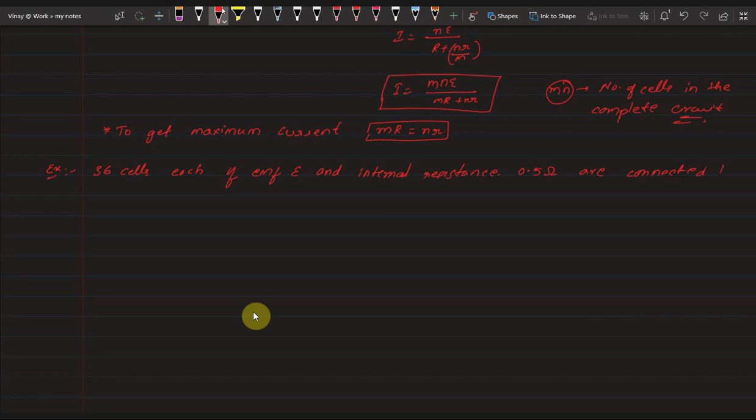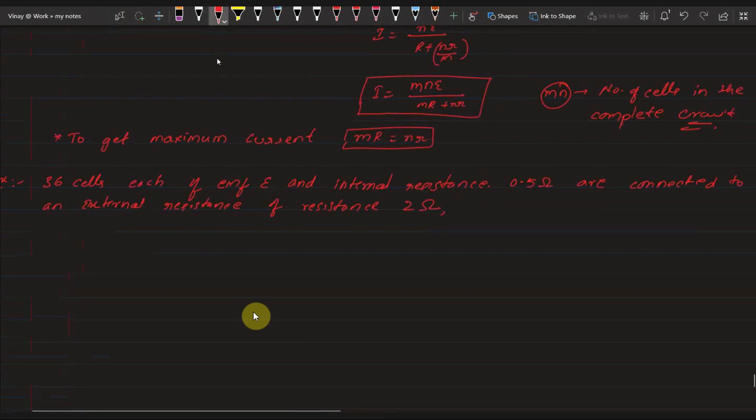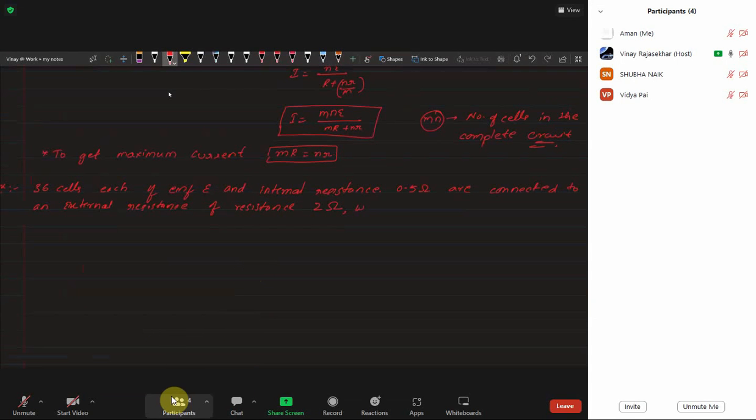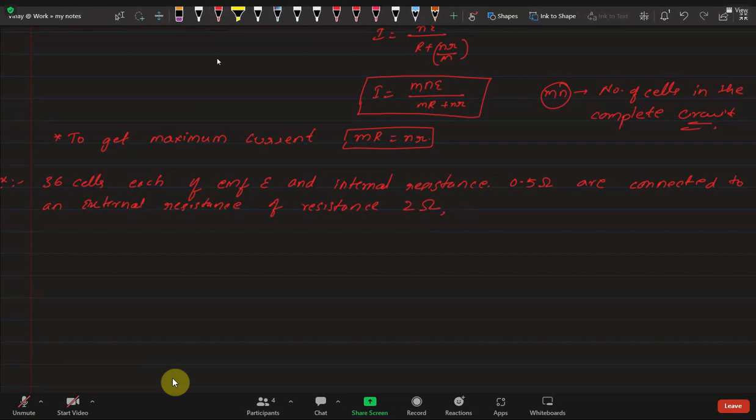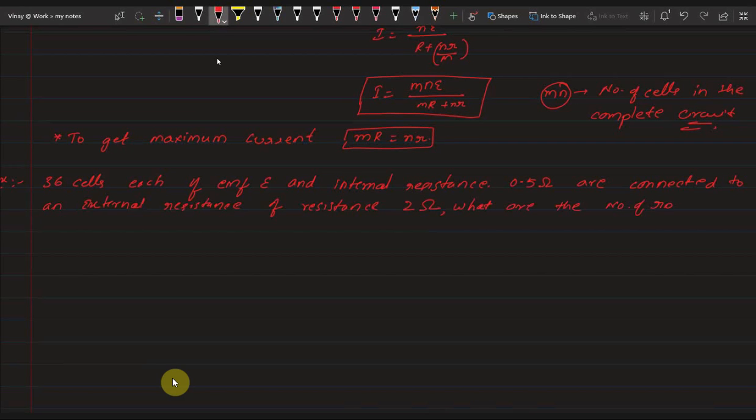to an external resistance of 2 ohm. What are the number of rows and cells in each row to get maximum current in the circuit?